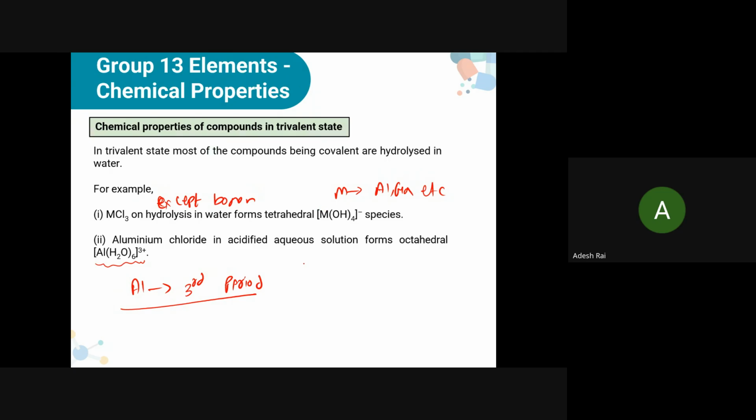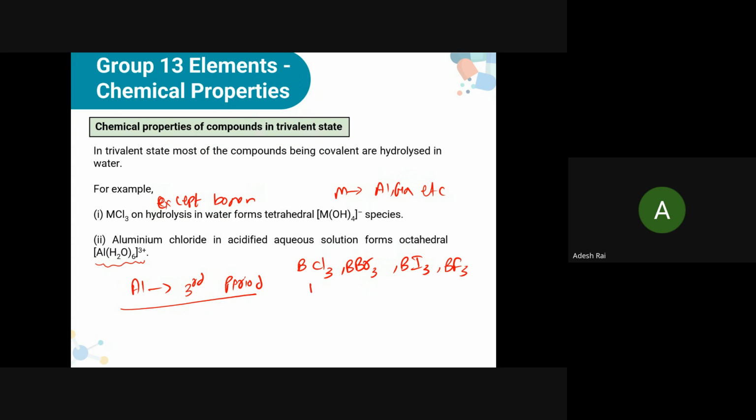One more thing. BCl3, BBr3, then BI3. And you can also include BF3. All of them are electron deficient species, right?